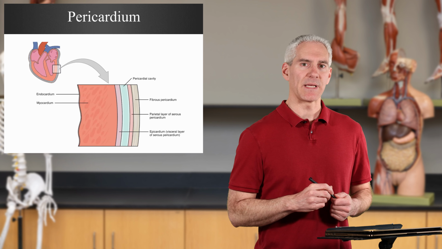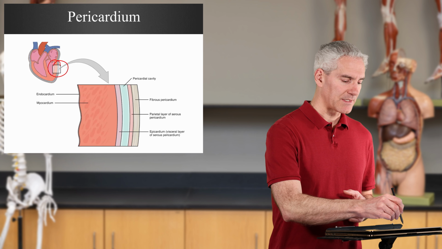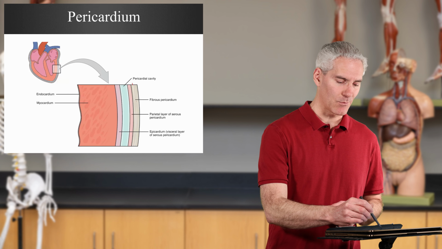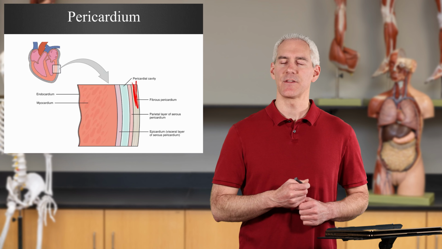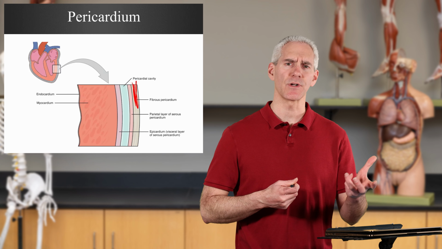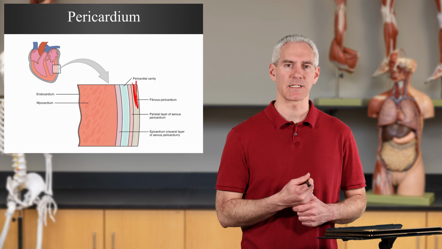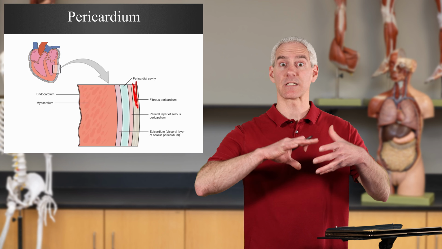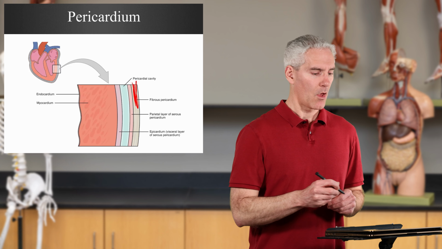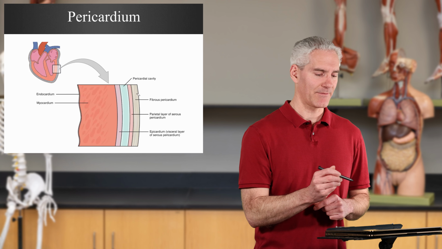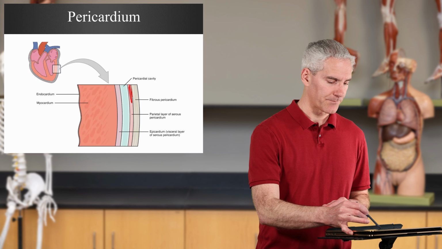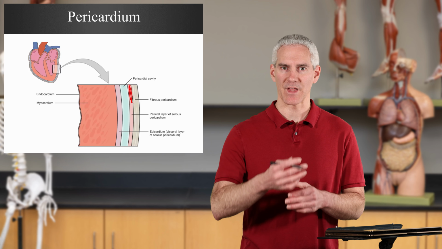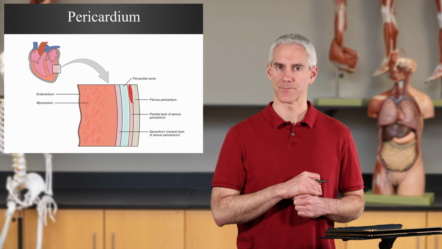So if you're looking at this blown up picture here, you can see the heart, take that and blow it up. So what we're actually looking at here is this outside portion here. That's the fibrous pericardium. It's thicker, it's stronger, it's meant to be more protective for physical force. Think about the heart expanding, things getting through. While just inside of it, this layer right here, that is the parietal layer of the serous membrane. It lines the outside of the cavity.